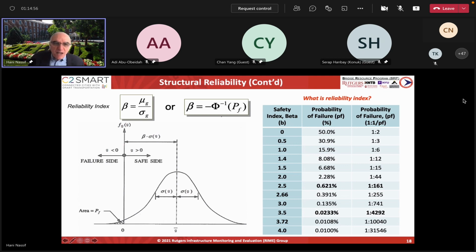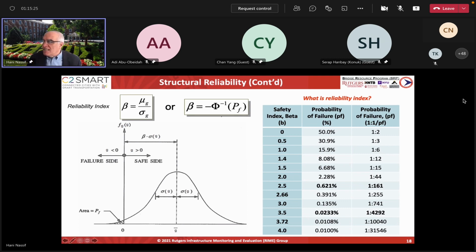That means you want to minimize the probability of failure, this area. So you want to move this line as far as possible from the 0. To minimize this, you have to extend the distance. This distance is called beta times standard deviation. In other words, how many standard deviations away from the mean, away from the failure?